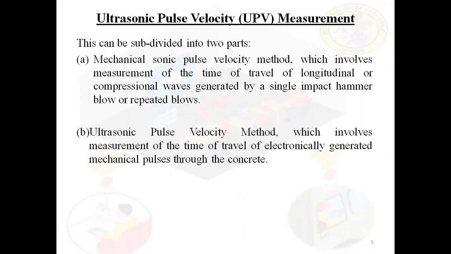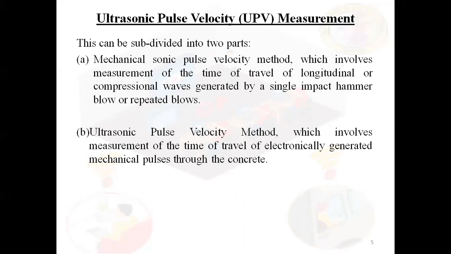That means the pulse is passed from one place to the other, between the transducer and receiver, which we can see in the next slide. The time taken between those two is generated by a mechanical sonic pulse.